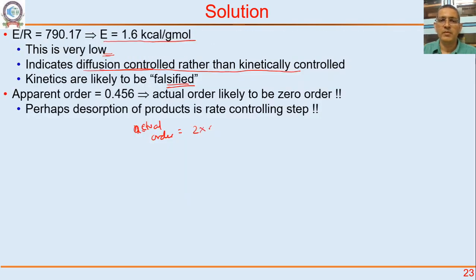Two times 0.456 minus 1. Right? This is like 0.9 minus 1, about minus 0.1, and nearly zero order. Nearly zero order means perhaps desorption of products is the rate controlling step. Desorption of products is the rate controlling step.